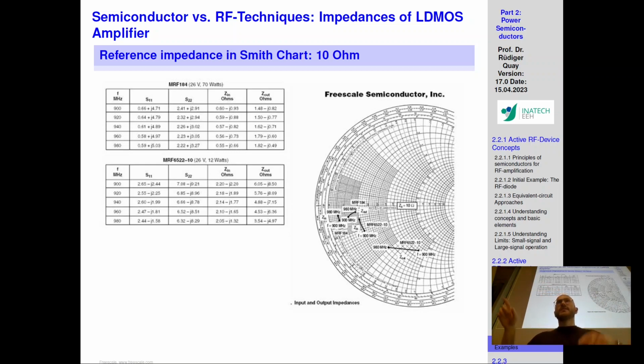The 10 is there because, as I said in the prior lecture, these power devices have a low input impedance when operating at high frequencies. So we saw that at the low frequencies they have near infinity at the input, and then it moves lower around the capacitive part to the upside.